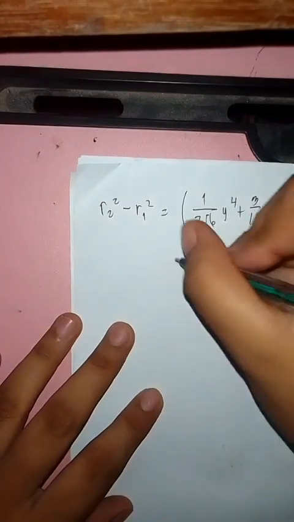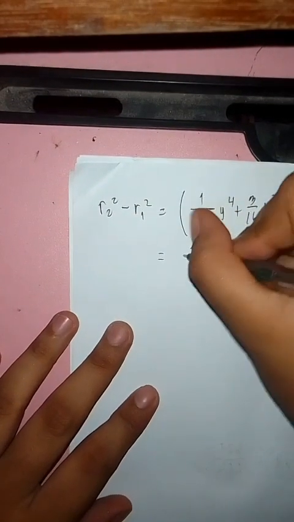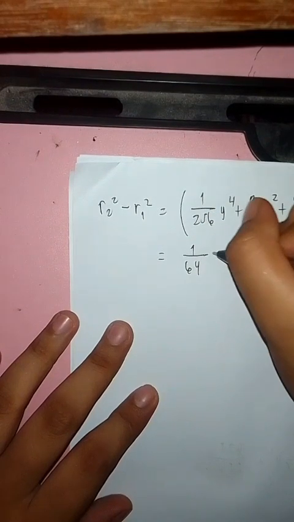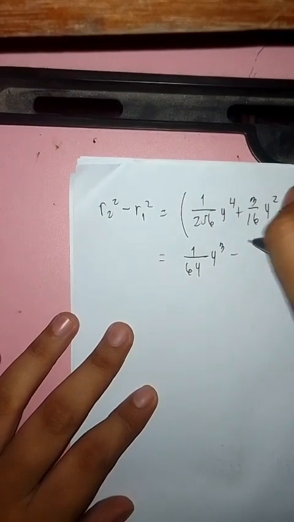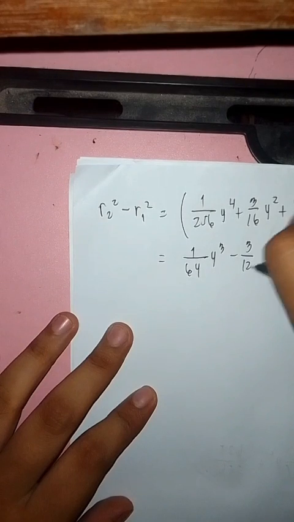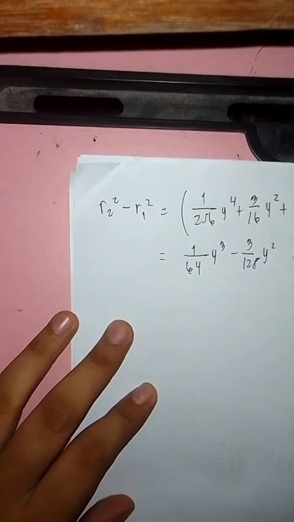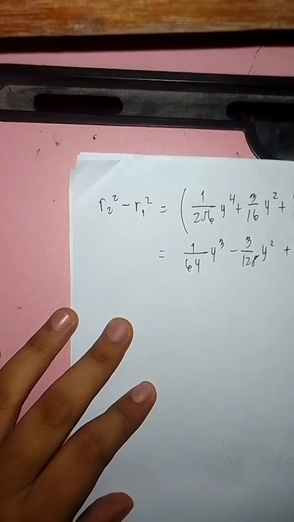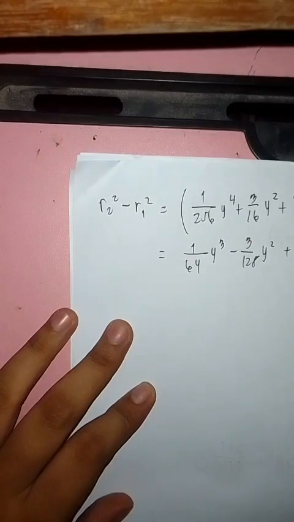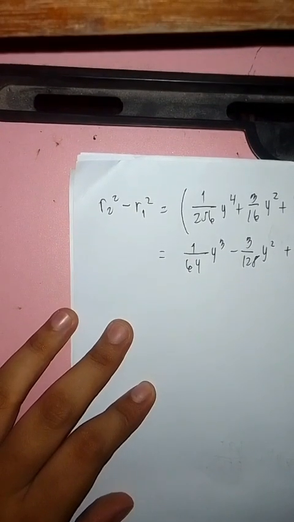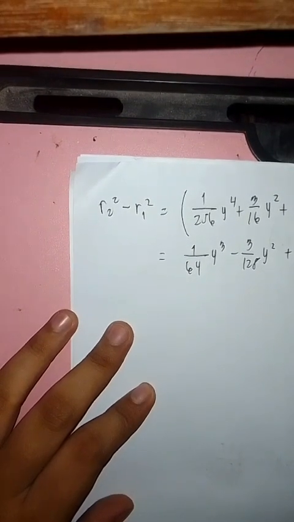So the answer is equal to 1 over 64 y cubed minus 3 over 128 y squared plus 25 over 64 y minus 49 over 256.